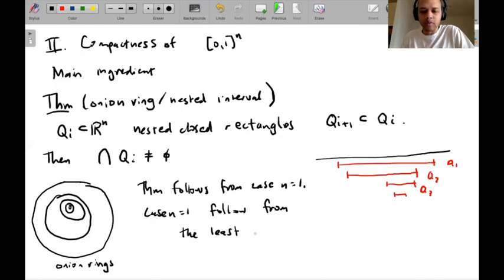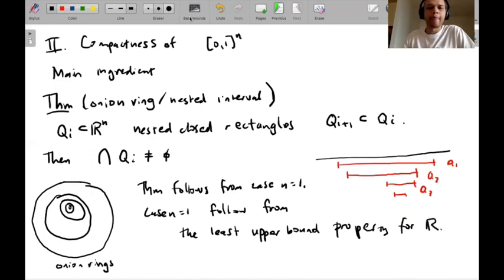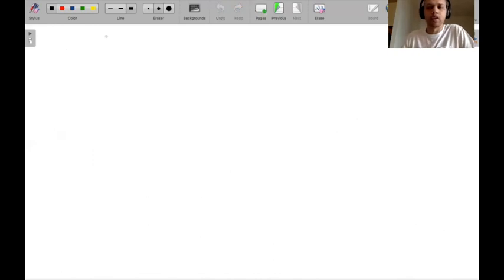So I want to tell you what that says. Least upper bound property. Let's do that on a new page.